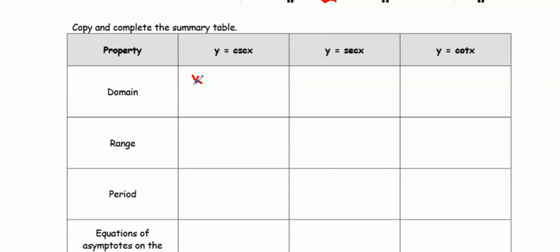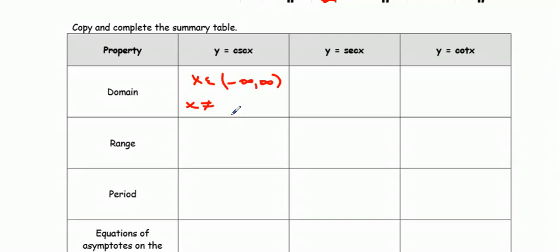So the domain for cosecant x, if you go back to your video, it was sine, which meant that you had zeros at 0. So I'm going to say our domain is everything, except that x cannot equal the asymptotes. And we had asymptotes at all the zeros of sine.